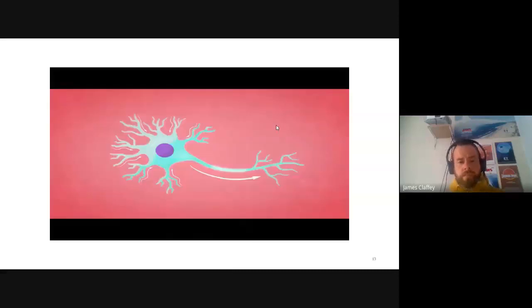So the neuron, okay, you've got some pretty cool videos out there explaining the neuron quite easily. We take information in through these dendrites that you can see here, and dendrites is coming from the Greek word for tree. So you can see that these projections look like a tree that maybe the leaves have fallen off.